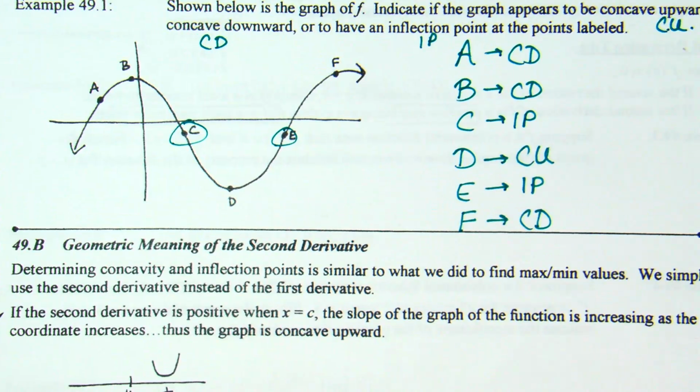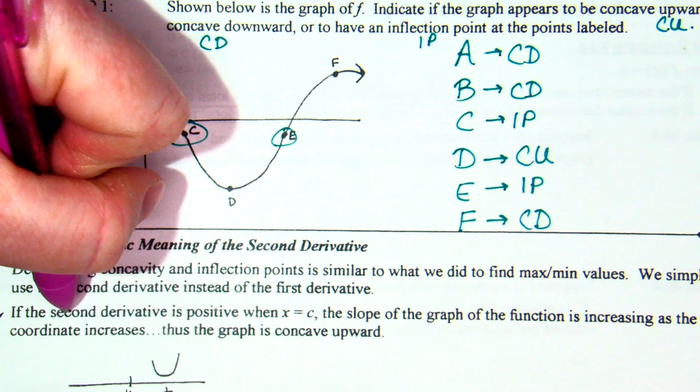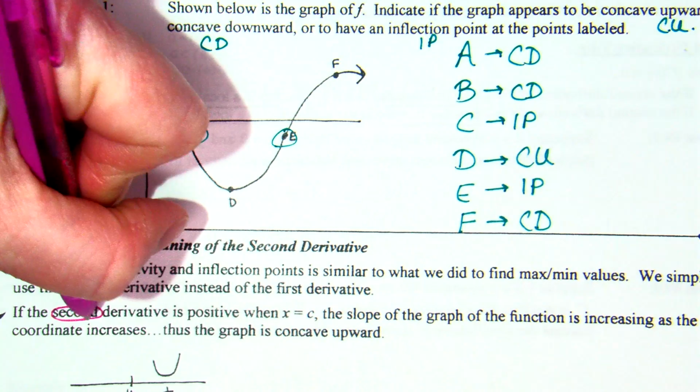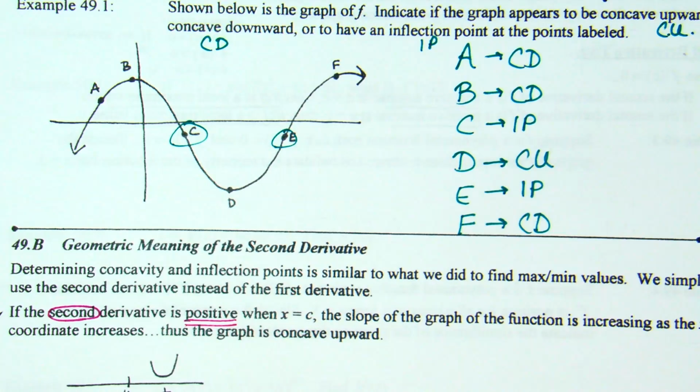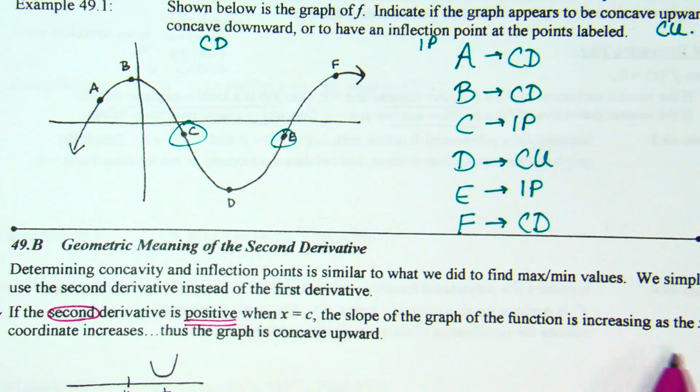Part B, we start talking about the geometric meaning of the second derivative, and all that goes along with concavity here. Determining concavity and inflection points is similar to what we did to find our max-min values. We simply use the second derivative instead of the first derivative. So notice what it says here. If the second derivative is positive when x equals c, so x equals some point, then the slope of the graph of the function is increasing as the x-coordinate increases.